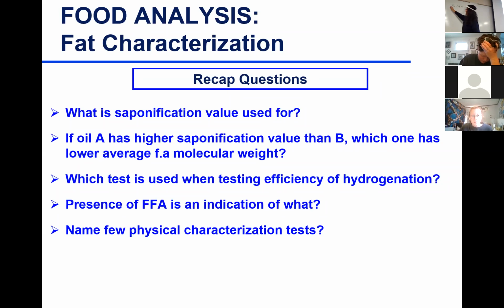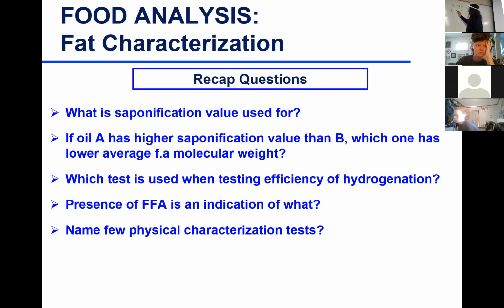So you really need to remember this end of the chemical reaction: 1 mole of triglyceride reacting with 3 moles of KOH. Let's say 0.19, the example that I gave you last time, 0.19 grams or 190 milligrams reacting with 1 gram of triglycerides.